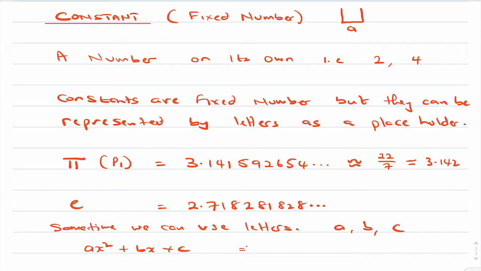So an example would be 3x squared plus 4x plus 2. In this case, a equals 3 as a constant. It's a fixed number. b equals 4. And c equals 2.